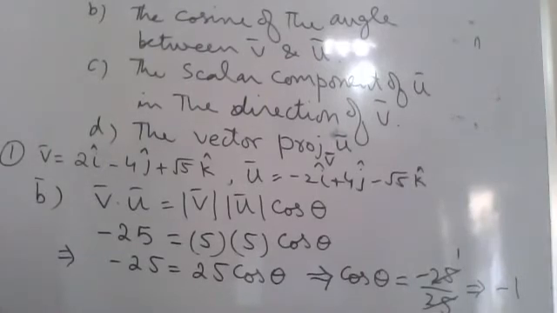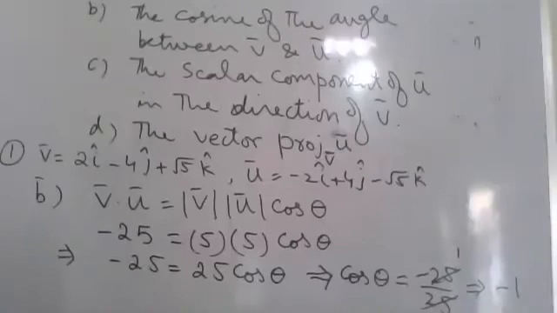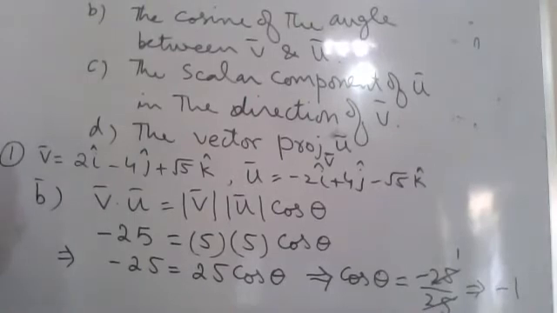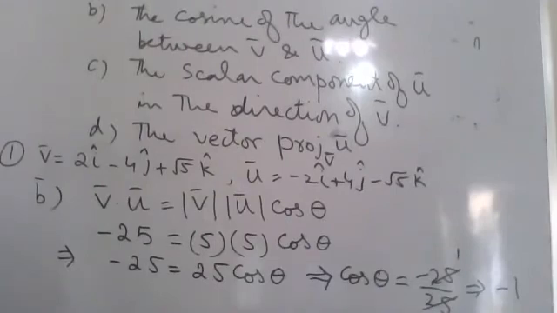Now the C part: the scalar component of U in the direction of V. You have understood how to find U dot V, how to find the magnitude of V, how to find the magnitude of U, how to find the cos of theta.